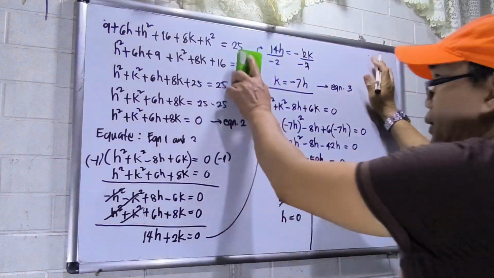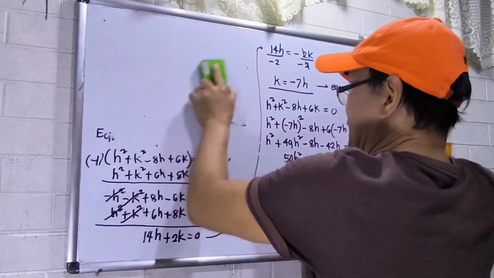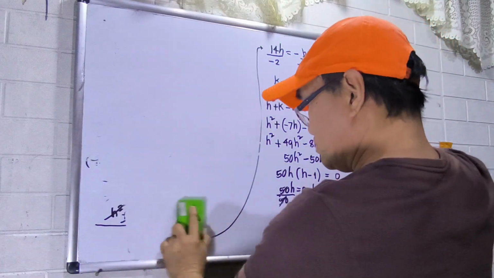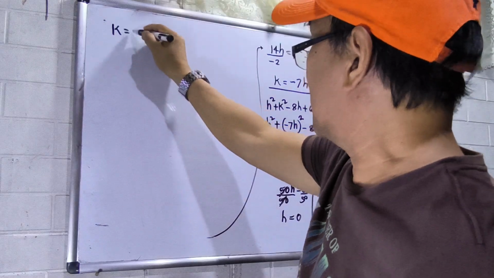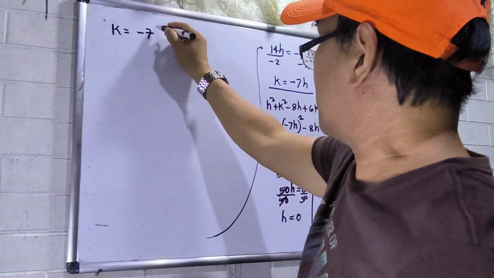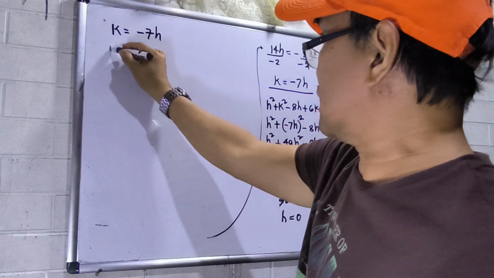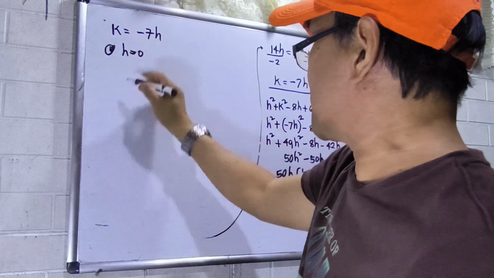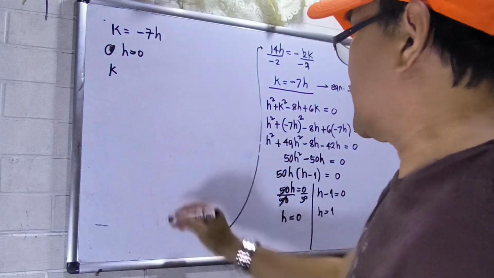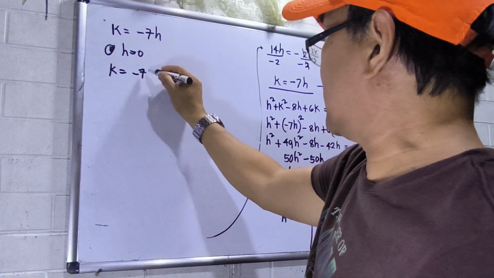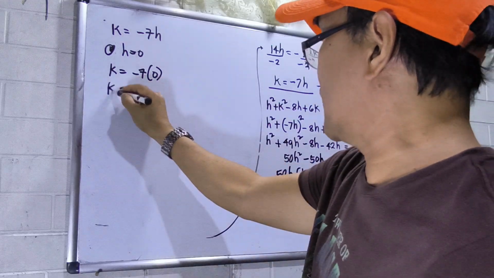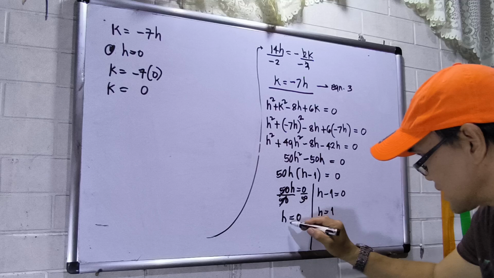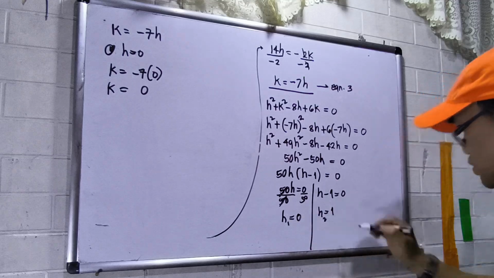Okay? So I will erase in here. Then I will plug in. This one is K is equal to negative 7H. At H is equal to 0. So K will be negative 7 times 0. So I've got 0. So my first H, I will just say this one is H1, H2.